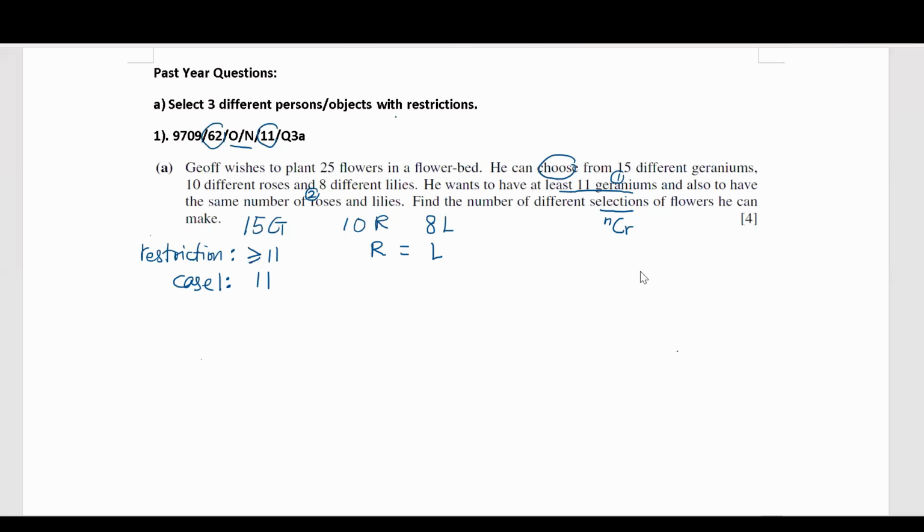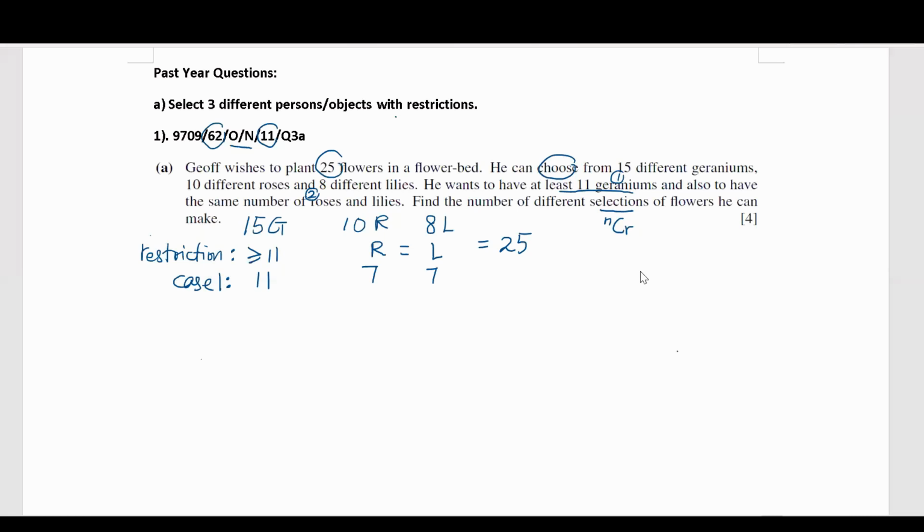And he wants to have a total of 25 flowers, so that means we want a selection of 25 flowers. If we have 11 geraniums, then we still need 14 flowers, and that means we need 7 roses and 7 lilies, so that we have equal numbers of roses and lilies. All right, this is case 1.